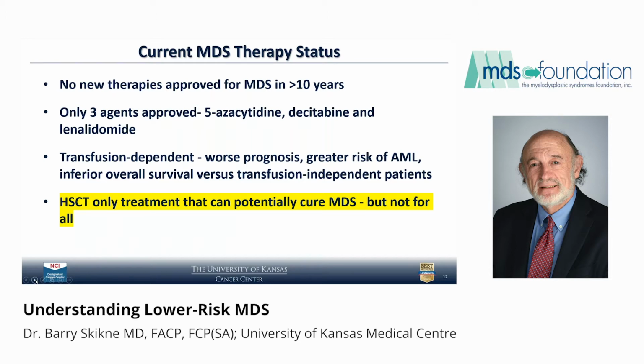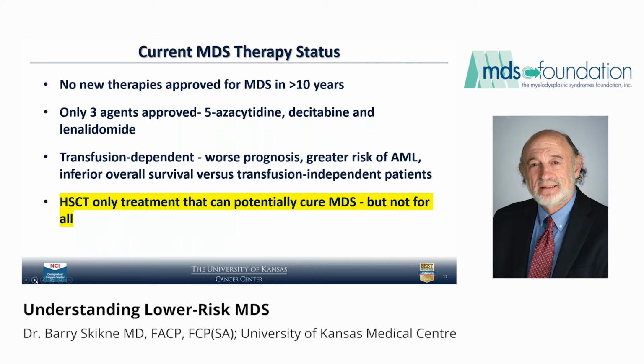Now, one important point that I have to make at this time is the importance of HSCT, which is hematopoietic stem cell transplantation or bone marrow transplantation. This is the only treatment that can potentially cure MDS in about 35 to 45% of patients, but it is not for all patients. In the US, one is able to get transplants for their MDS up to the age of 75.